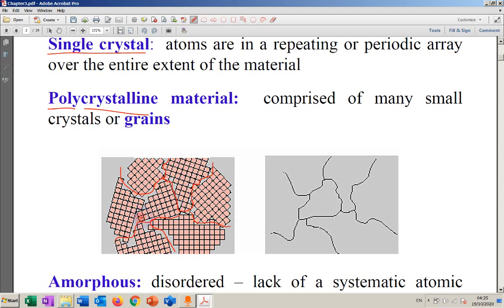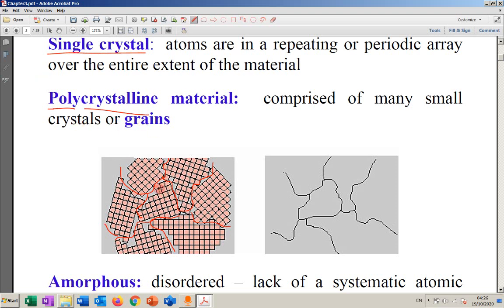Each of them is a crystal by itself. Inside here, the way that they are arranged is repetitive. Inside here, repetitive. This is what we call polycrystalline. Multiple small crystals. Small crystals together are called polycrystalline material. And many materials are in a way that they are polycrystalline.